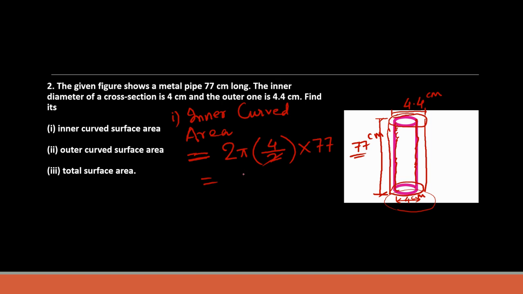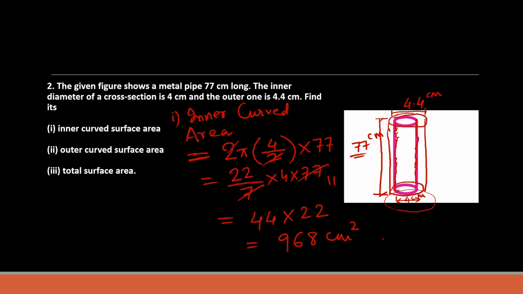This will give us 22 by 7 times 4 times 77. This will give us 11. So this is 44 times 22 basically. So this will give us 968 centimeters square. So this is inner curved surface area.